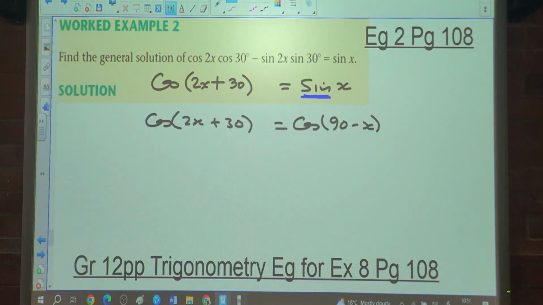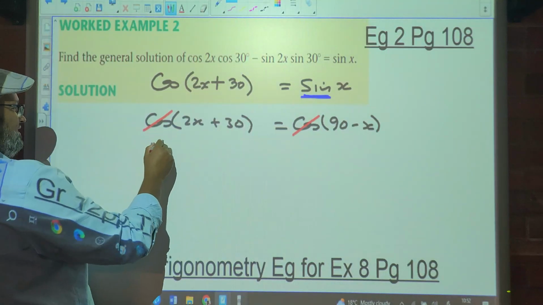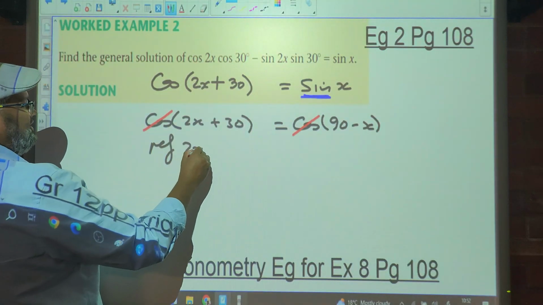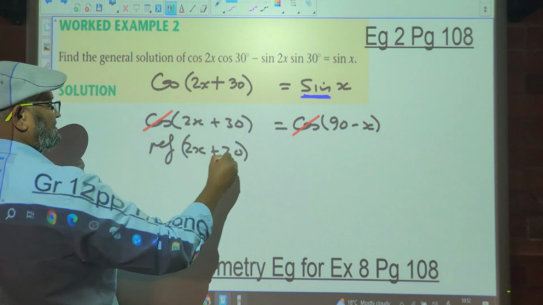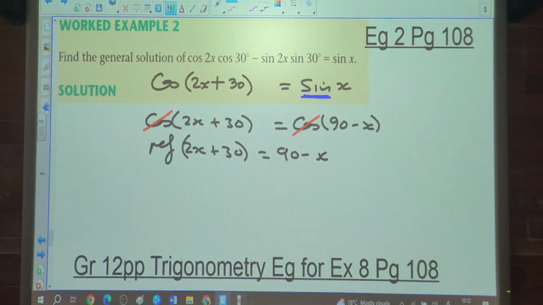So what do we have now? The ratios are the same. So what can I do? Drop the cos. So what do I write here? A reference: 2x plus 30 equals 90 minus x. Can I solve for x at this point? No. Why? What must we do first?